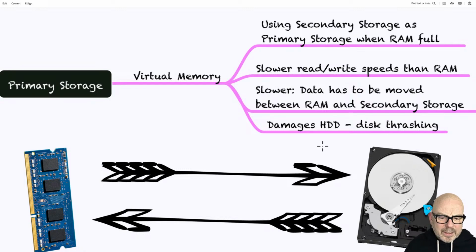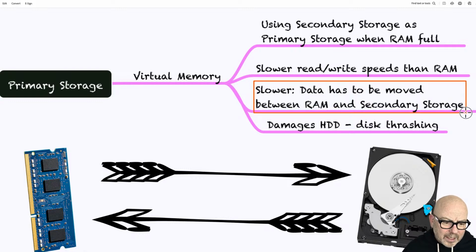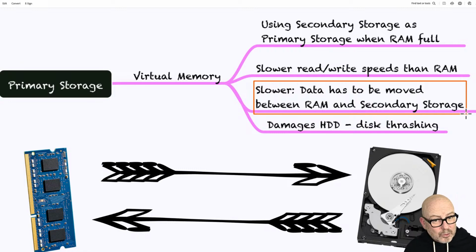Okay, so the other issue here is that when you use your secondary storage device as RAM, the data's got to be moved from the secondary storage device to RAM, and something's got to be moved from RAM onto the secondary storage device. So it's a bit of a bottleneck, and it really makes it much slower. So there's two reasons there why it's much slower once you start to use your secondary storage device as RAM.